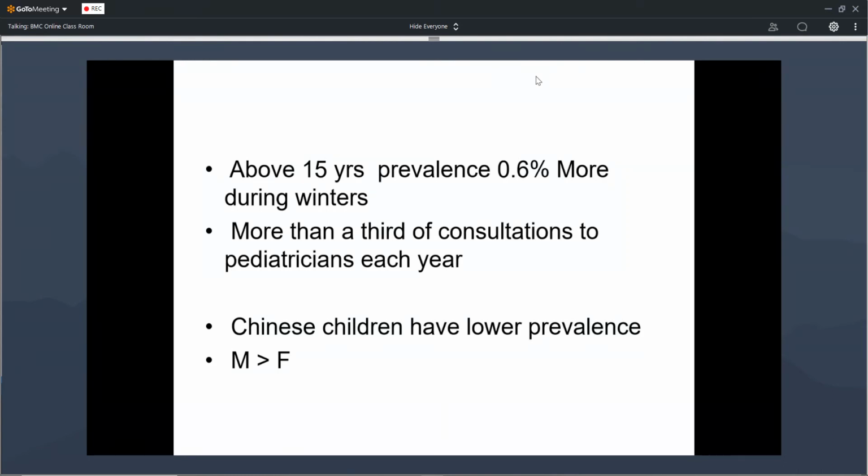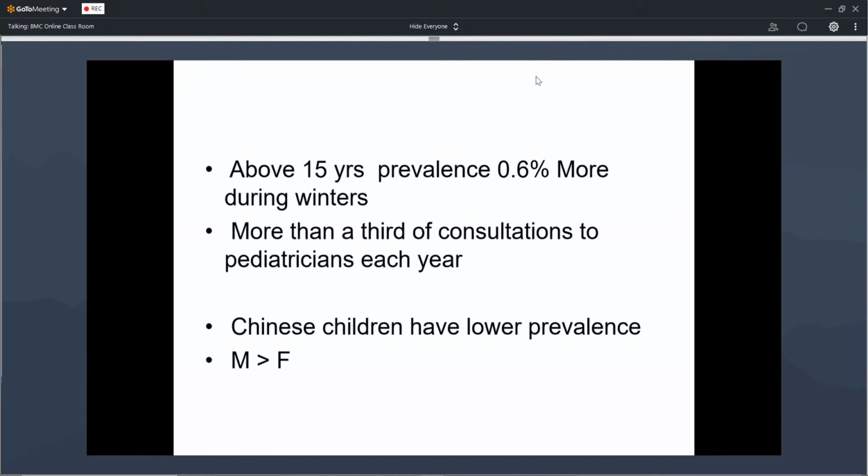In which age group will you commonly see ASYM? Which age group?